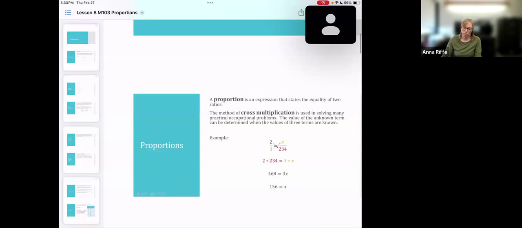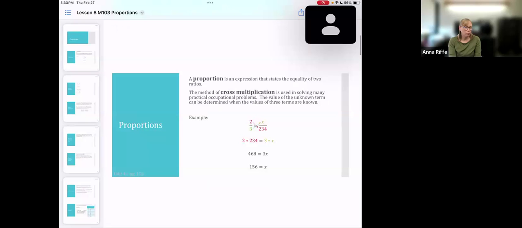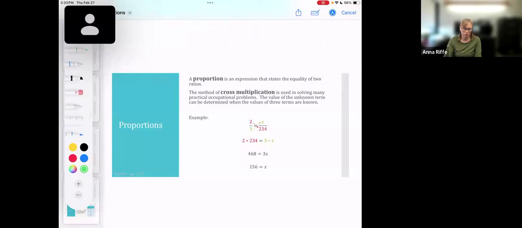So first of all, definition. A proportion is an expression that states the equality of 2 ratios or fractions. So anytime you see the word ratio, you can insert fraction if you'd like. So a proportion takes one fraction or one ratio and sets it equal to another fraction or another ratio.